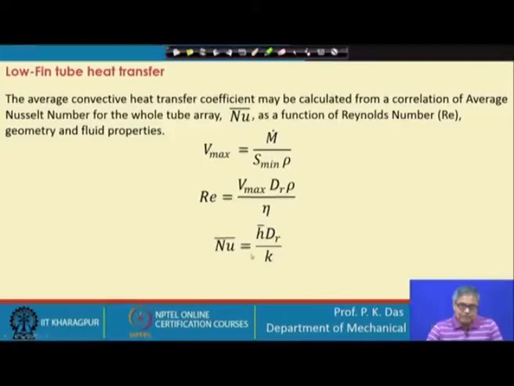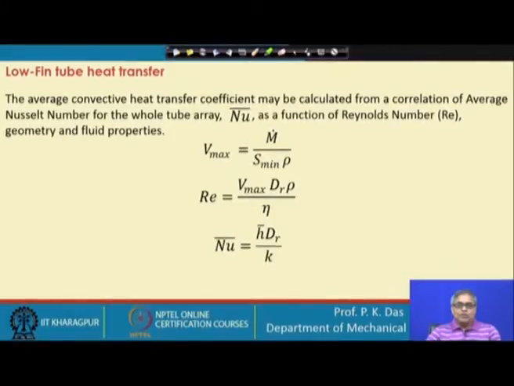The average Nusselt number will come from the average heat transfer coefficient. The characteristic length is the outer diameter of the bare tube, which we also used for the Reynolds number, and then we will use the conductivity of the flowing fluid, that is air or any other gas.